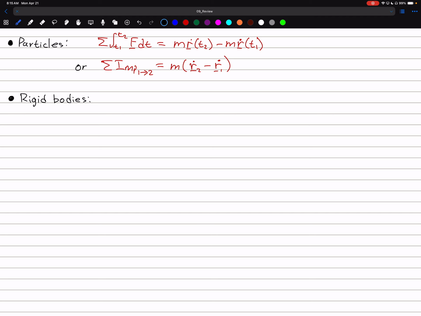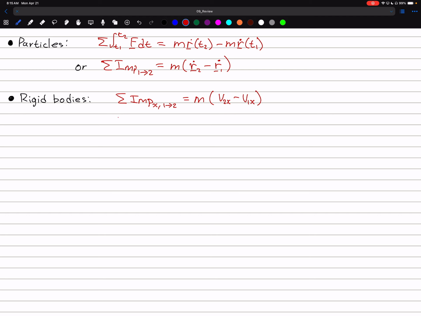All right, so for our linear momentum, we're going to have that the sum of the impulses in our x direction from 1 to 2 will be equal to the change in the linear momentum, so we'll have a speed v2x minus v1x.